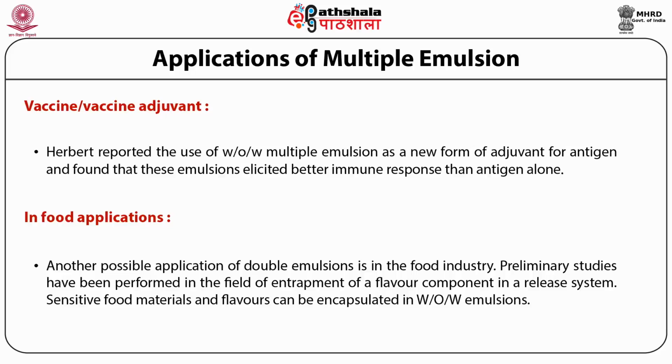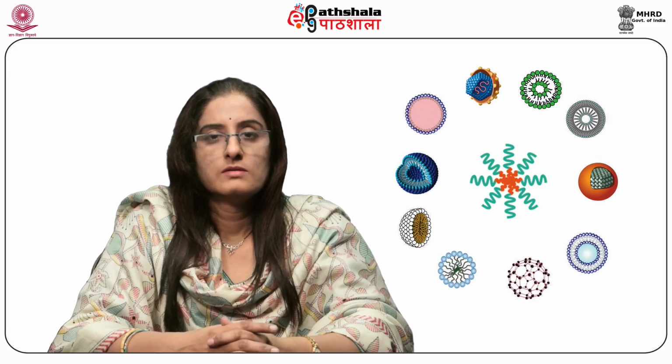Sensory tests have indicated that there is a significant taste difference between the water in oil in water emulsion and oil in water emulsion containing the same ingredient, and that there is a delayed release of flavoring substances in the double emulsion system, and the effect will be long lasting, or we can say for a prolonged period of time.